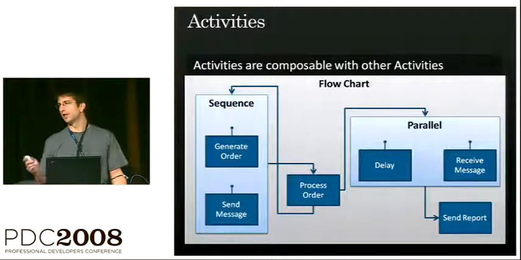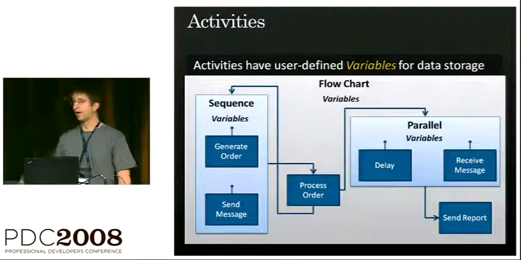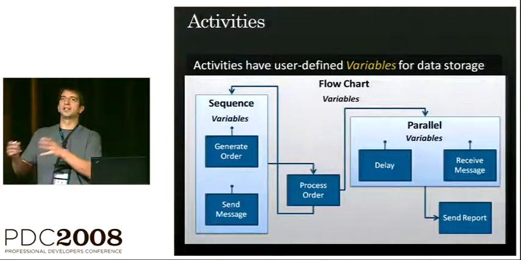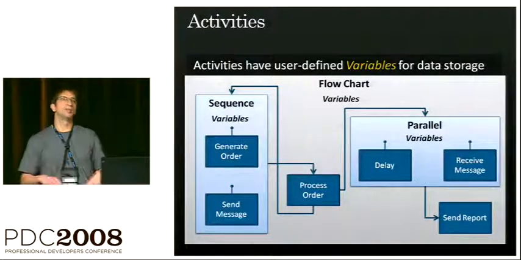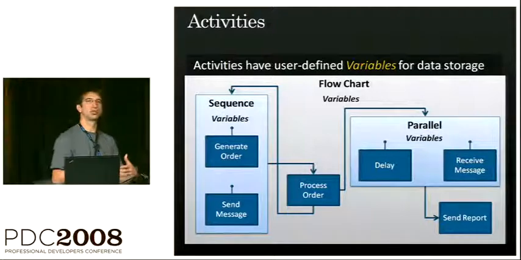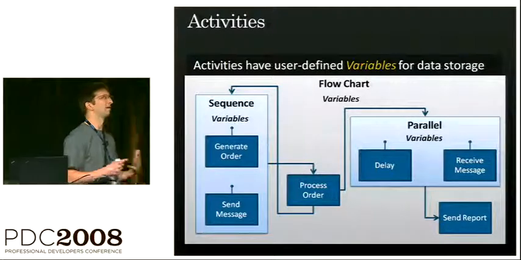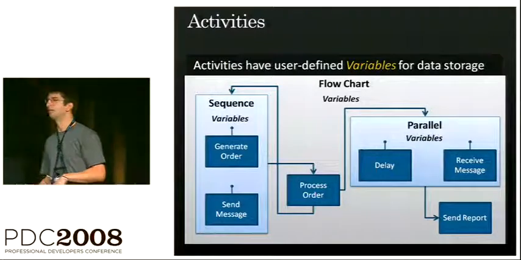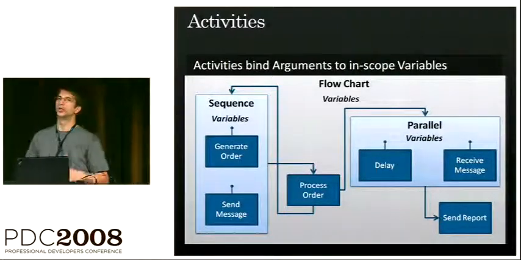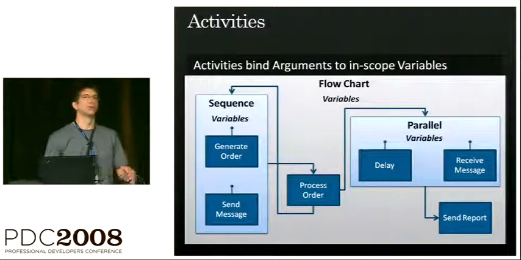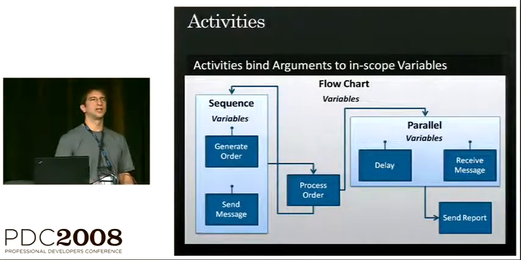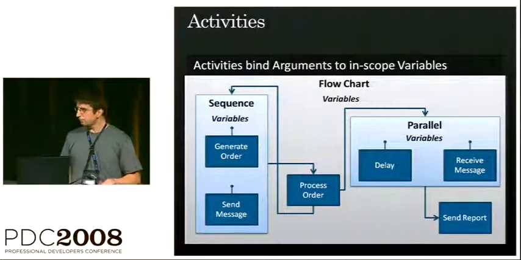One more thing that I wanted to mention was, obviously, if we're going to share data between activities, we need to have some way to represent storage. Again, new in 4.0, we've got variables to do this. We declare variables, and activities can bind their arguments to variables that are in scope. So when an activity is looking up the parent chain, those are the variables that it's going to be able to see.